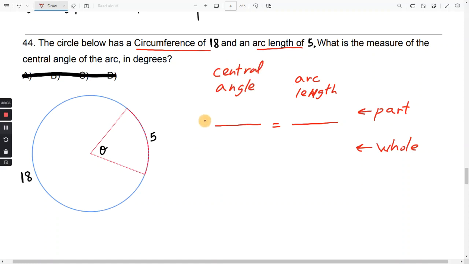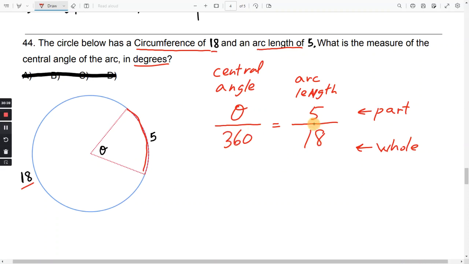Alright, so the part of the central angle we don't know, that's theta. And we're looking for degrees here, so the whole circle in degrees all the way around the circle, that's 360. Now for arc length, the part is just this part right here, that's 5. And the whole circle all the way around, that's the circumference, that's 18. It was given in the problem. Alright, now we're in business.